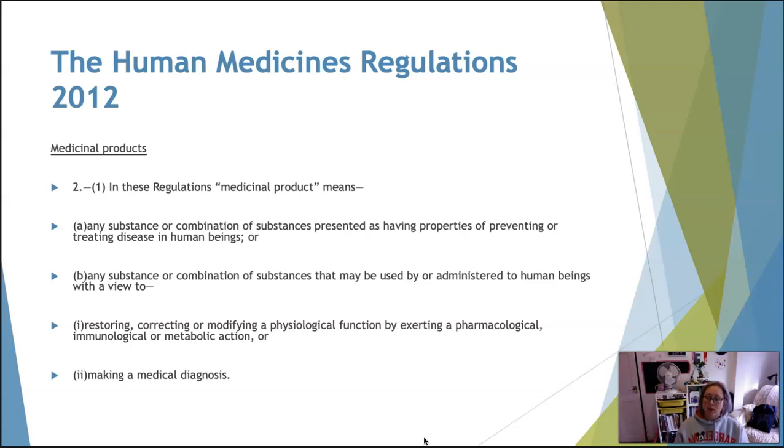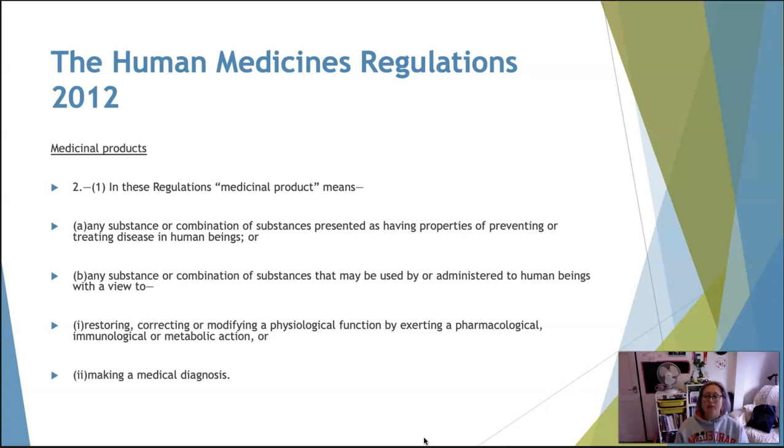Any substance or combination of substances that may be used or administered to human beings with a view to restoring, correcting or modifying a physiological function by exerting a pharmacological, immunological or metabolic action, or it might be something that helps us to make a medical diagnosis.